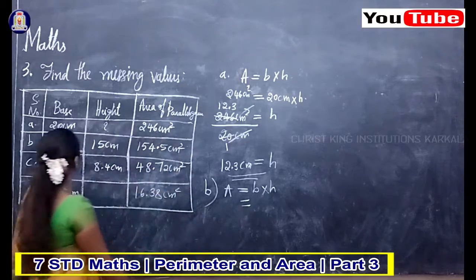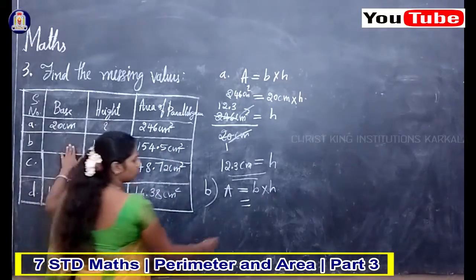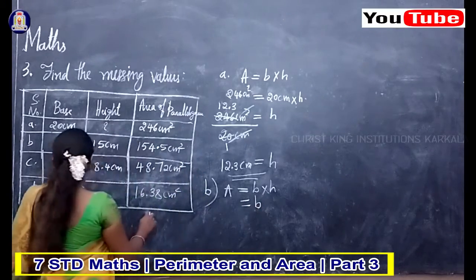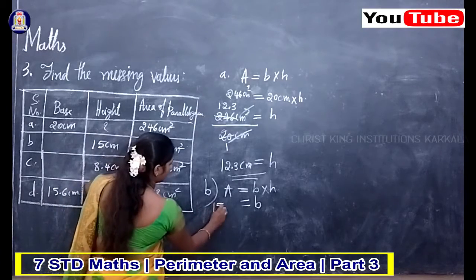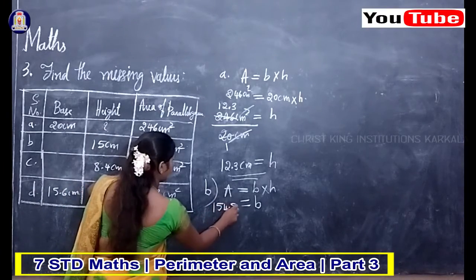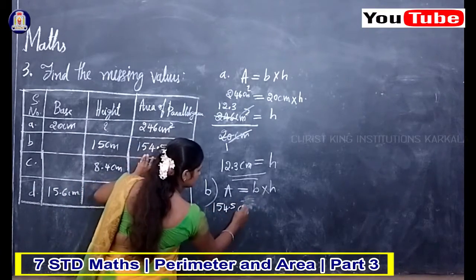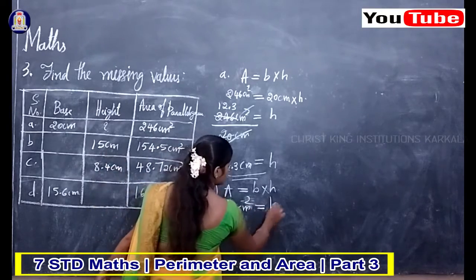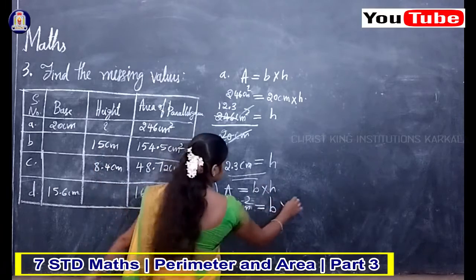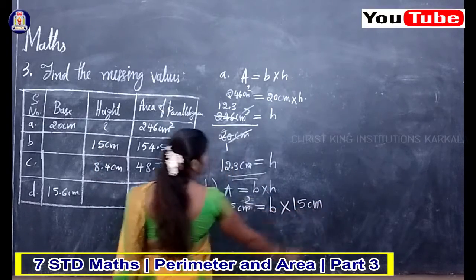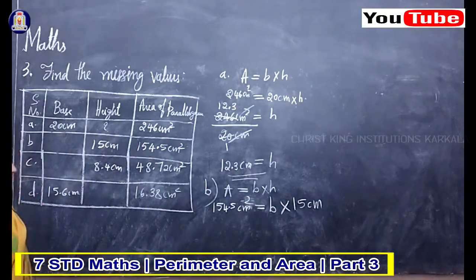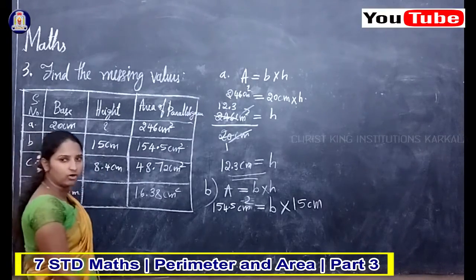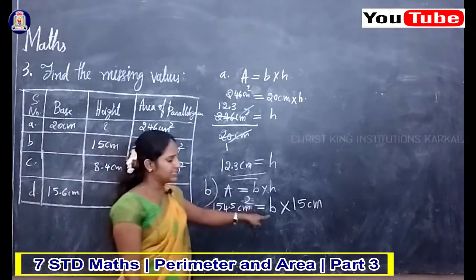In B, we don't know the base. So 154.5 centimeter square is equal to base into height, that is 15 centimeter. Substitute 15 centimeter in place of height.